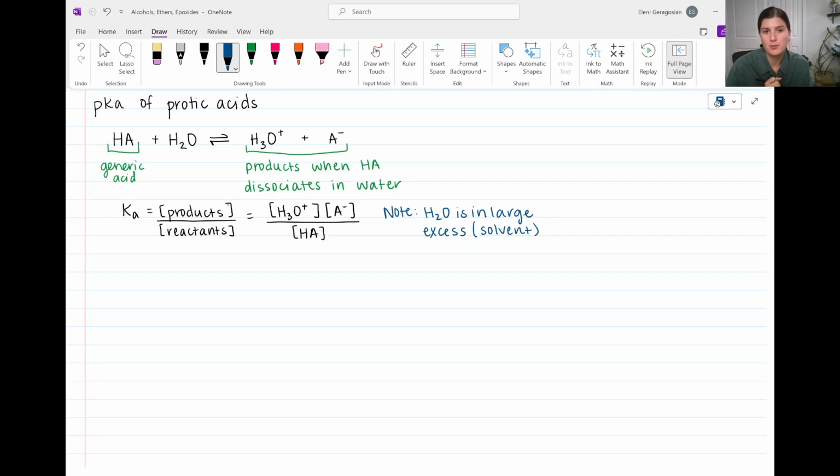The amount of water really wouldn't change any noticeable amount when we've added an acid to a solution with a lot of water. But also we're measuring concentration of each element relative to how much total liquid is there. So water is most of that liquid, there's just a lot of water there. So we keep it out of the equation.